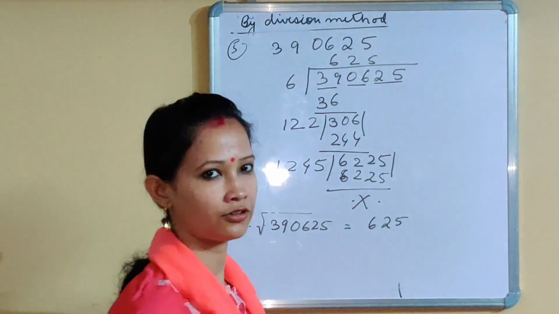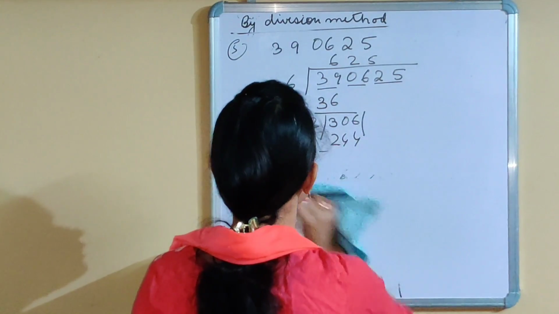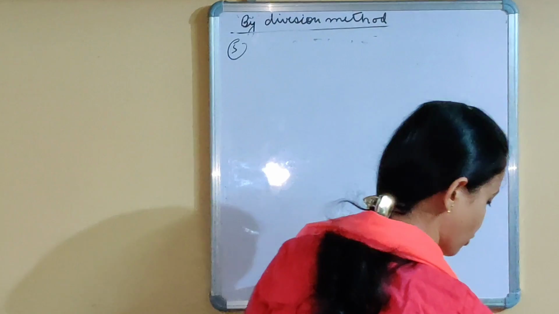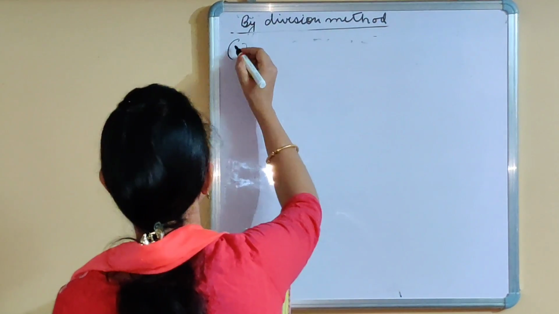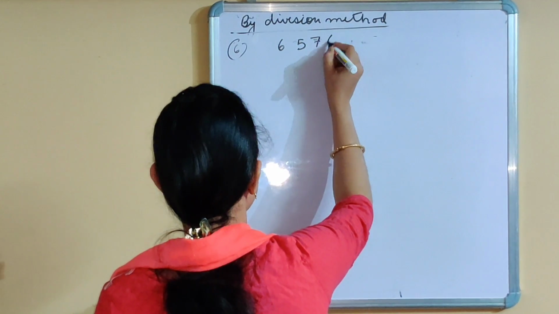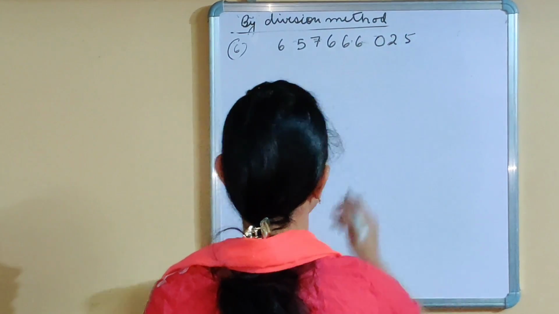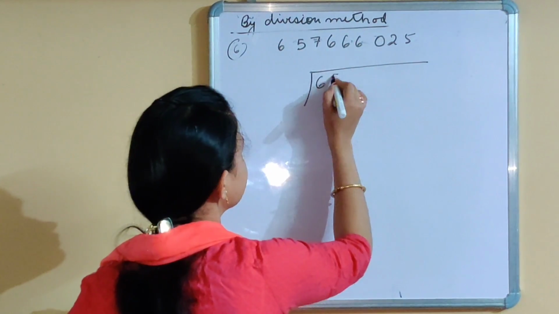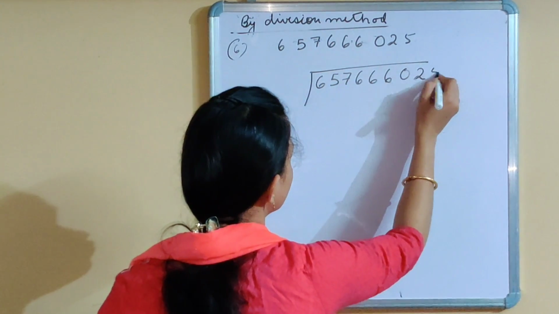The last problem we will be doing, last problem of division method. I hope you all have understood. 6, 5, 7, 6, 6, 0, 2, 5.